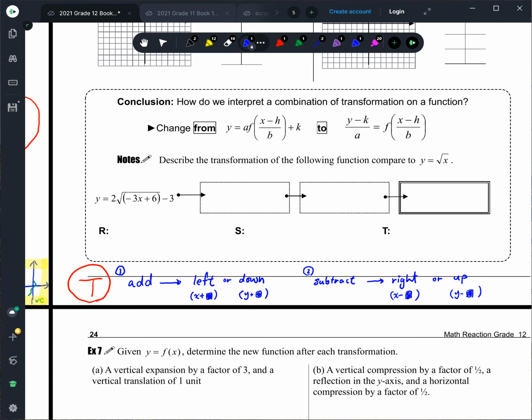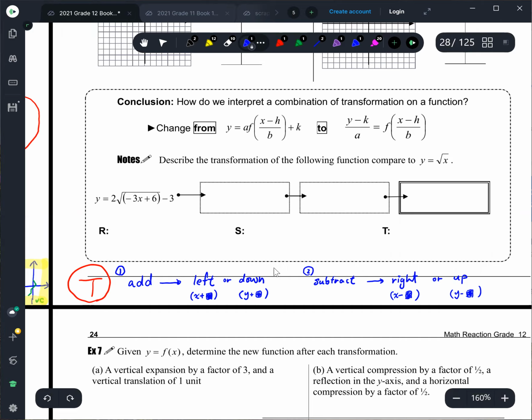So looking at it just individually is easy, right? The hard part comes when you mix everything together. Okay, please raise your hand when you finish writing the rule. We're gonna try some questions.